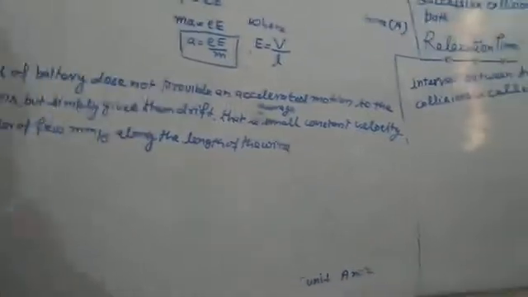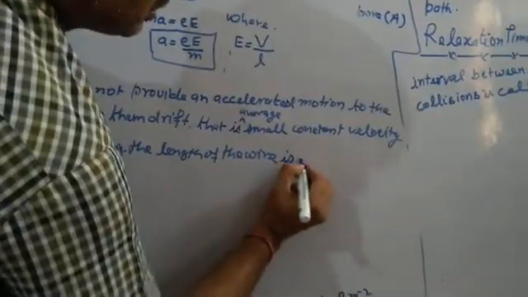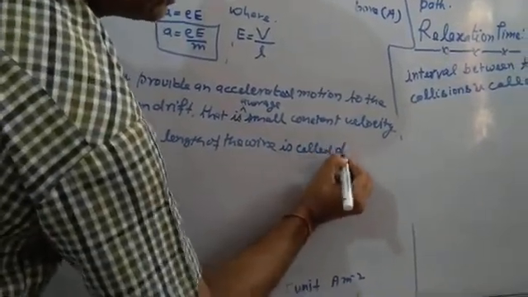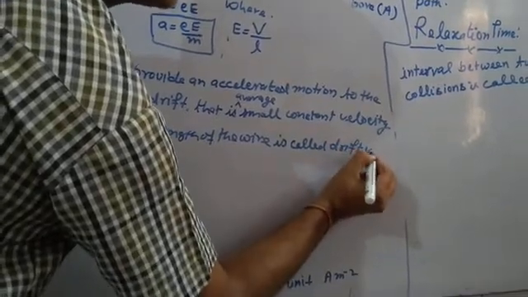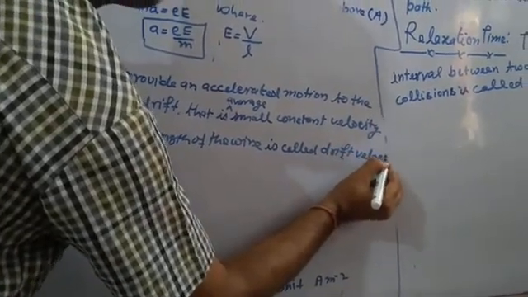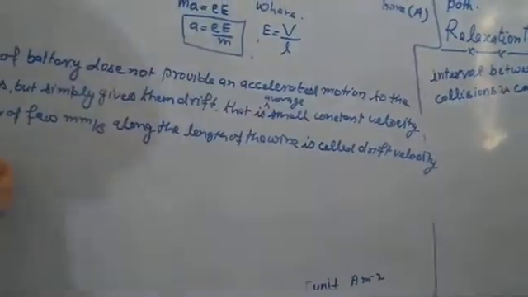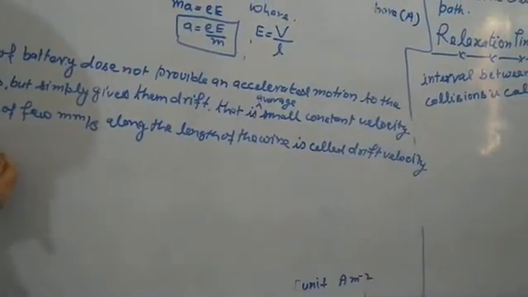This is called drift velocity of the electron.